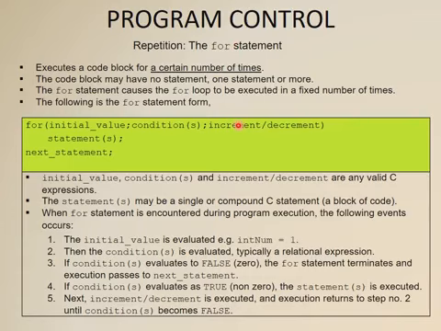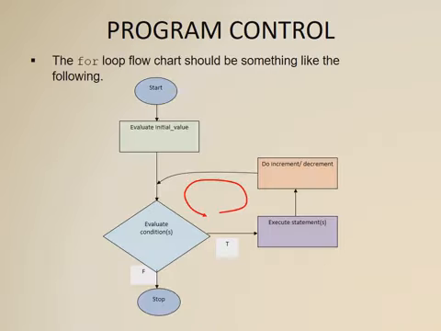After this, the increment or decrement or both will be executed, and again it will go to the condition checking, and the execution repeats from step 2 until the condition becomes false. Then it will come out of the loop to the next statements. So this is how the flow of the for loop works.